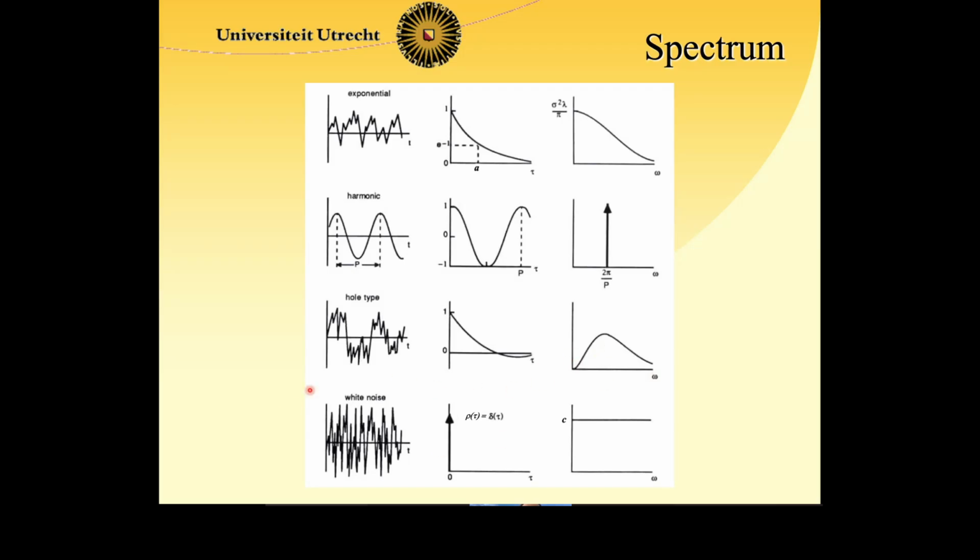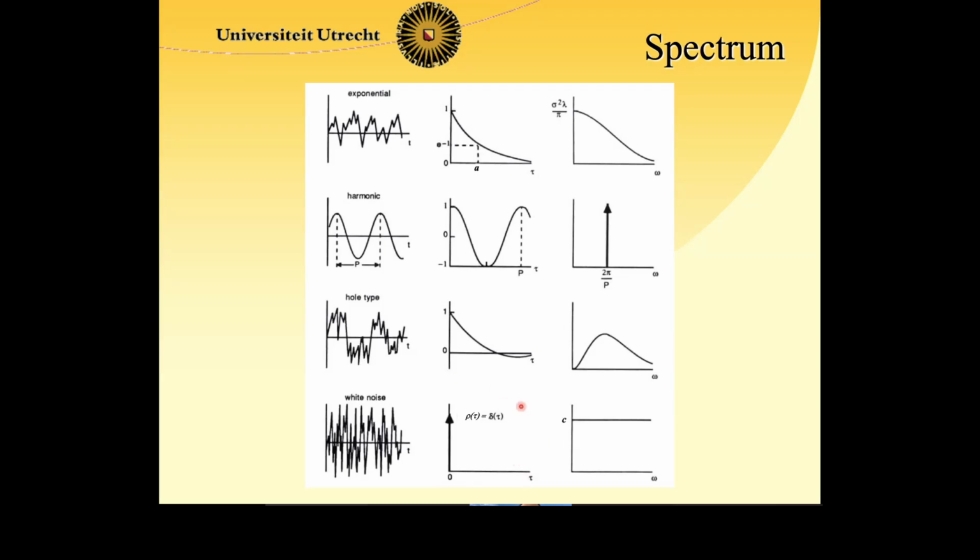And then we have the white noise one, and you can see the white noise has a Dirac pulse. This is the covariance function, so the correlation is 1 at lag 0, and the correlation and the covariance are 0 everywhere else, and the spectrum is a horizontal line.